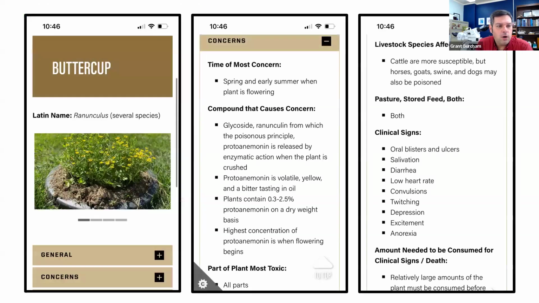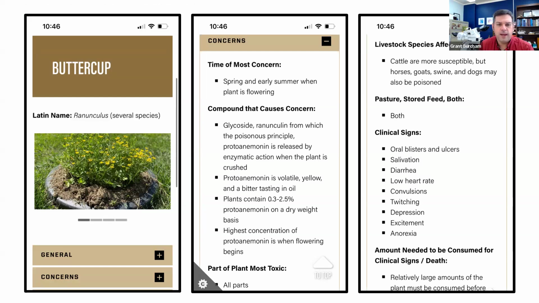If you scan the QR code, you're going to come to a site that looks a little bit like this on your phone. We've got general information about the plant, the concerns, the time of most concern, compounds within it that cause an issue, and the part of the plant that's most toxic. Then if you go down, there's another tab for livestock.